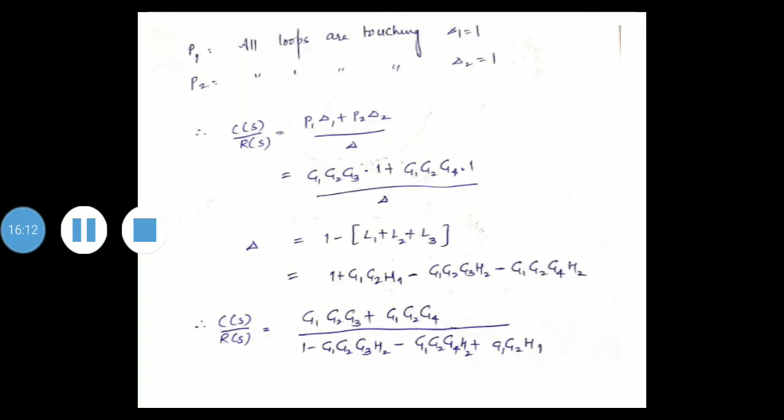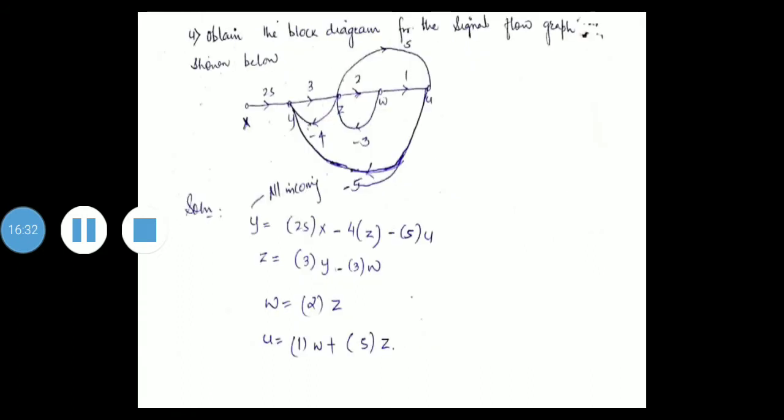So C of S by R of S is G1 G2 G3 plus G1 G2 G4, by 1 minus G1 G2 G3 H2 minus G1 G2 G4 H2 plus G1 G2 H1. Okay, this is how to find it.